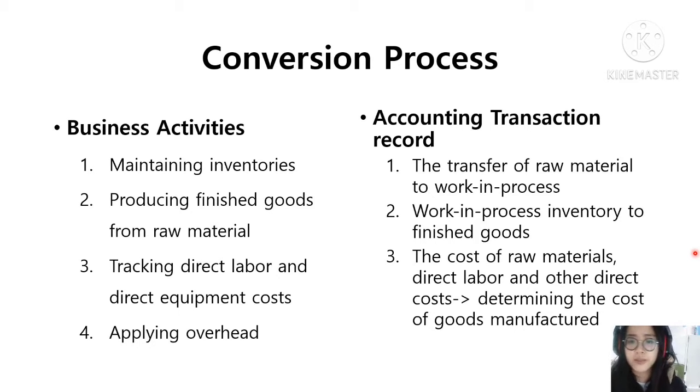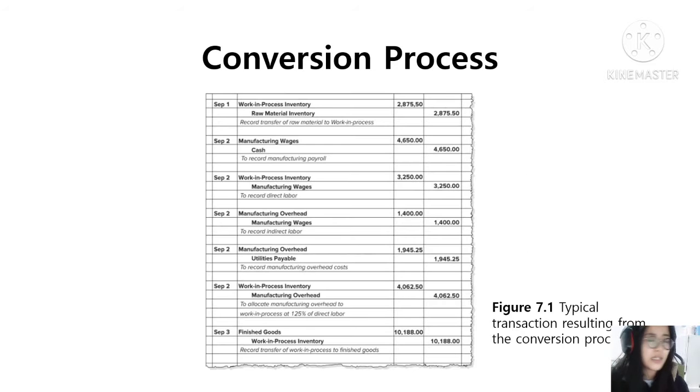Also, the conversion process accumulates the cost of raw materials, direct labor, and other direct costs, determining the cost of goods manufactured. So this is the typical transaction resulting from the conversion process. You can find this figure in the textbook as well.